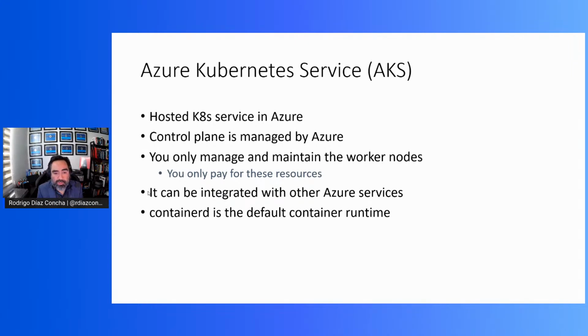And of course, the cloud Kubernetes that you're using can be integrated with other cloud services. For instance, if you deploy a load balancer, then you can integrate that load balancer with the Kubernetes cluster that you deployed.